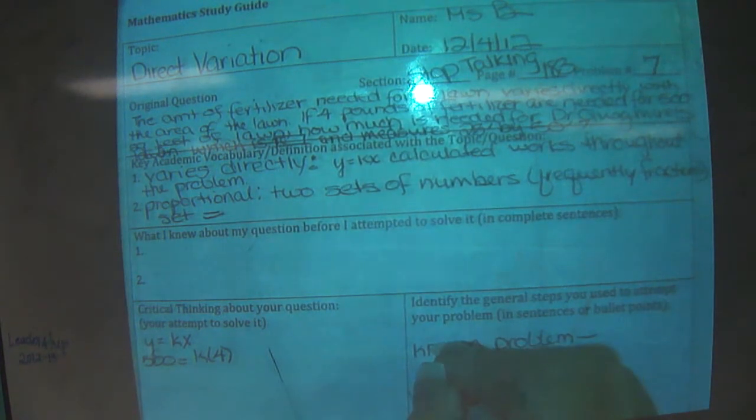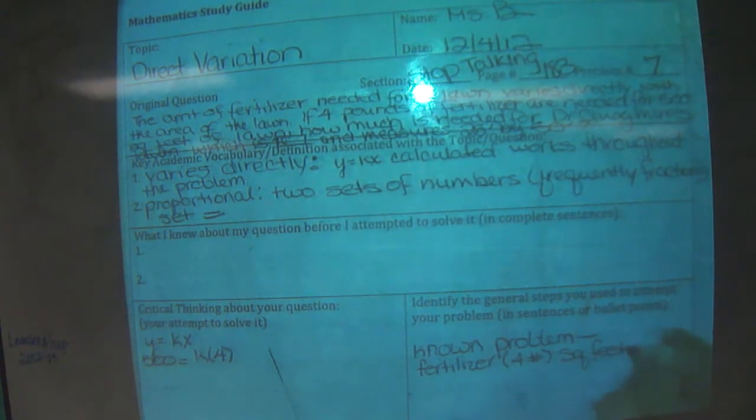We have x and y. We don't have the constant. Known problem, fertilizer is 4 pounds and square feet is 500.